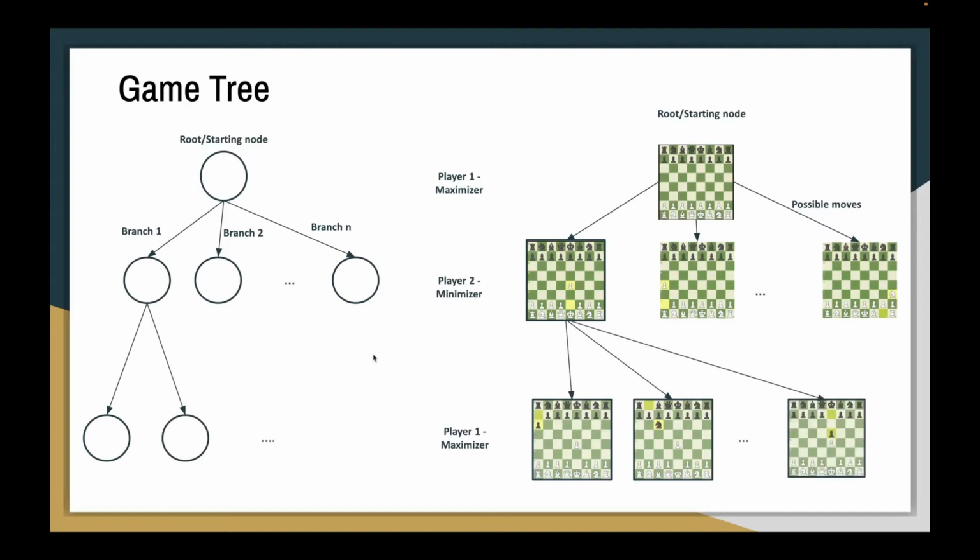At the end of the game, some branches will lead to winning positions. The others may lead to losing or draws. The end of the branches, or the leaves of the tree, represent the final results.